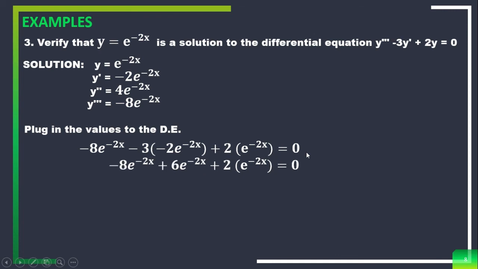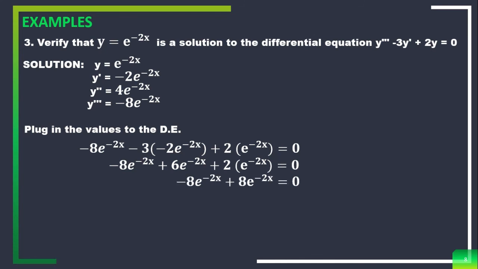Again, we will do the math. So, negative 8e raised to negative 2x plus negative 3 times negative 2, so we have positive 6e raised to negative 2x, plus 2e raised to negative 2x. Okay, we'll combine like terms.